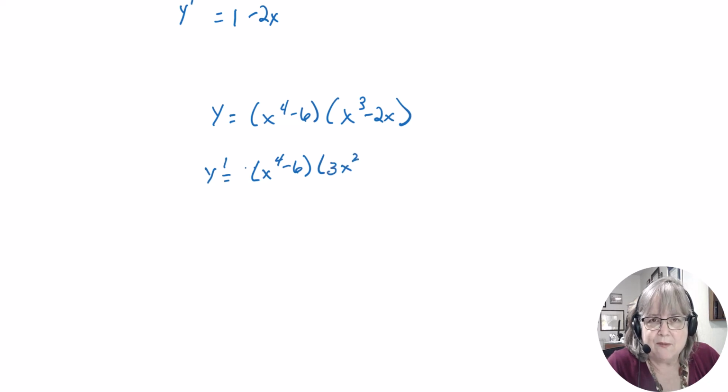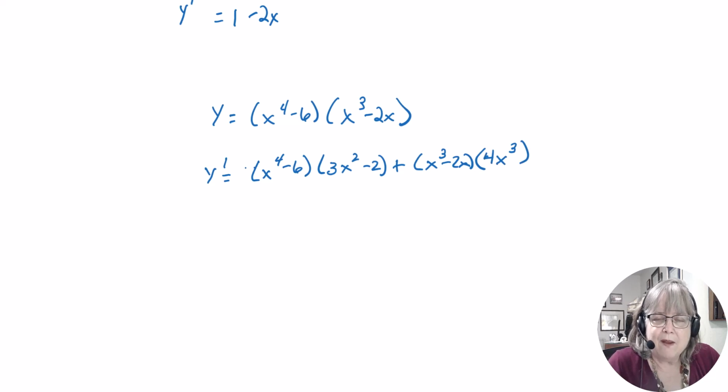The derivative of minus 2x is minus 2, plus the second times the derivative of the first. The derivative of x to the fourth is 4x cubed. Bring the power down, leave the x alone, take 1 off the power. There's a reason for why I say leave the x alone. It'll come up in the chain rule.